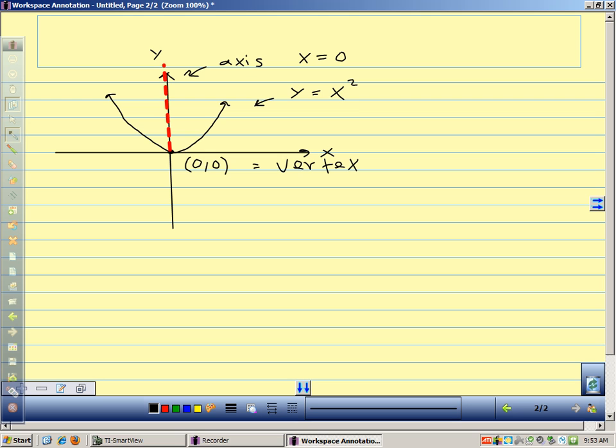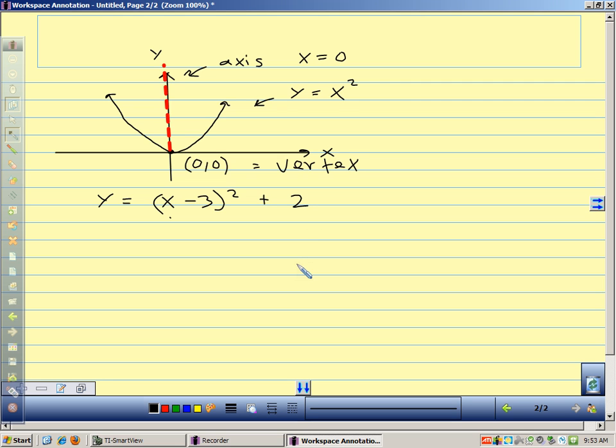What we're going to be talking about is how we figure out the vertex of some parabola, and we're interested in the axis. Now if we know that y equals x squared, our vertex is at the origin. What if we had y equals x minus 3 squared plus 2?